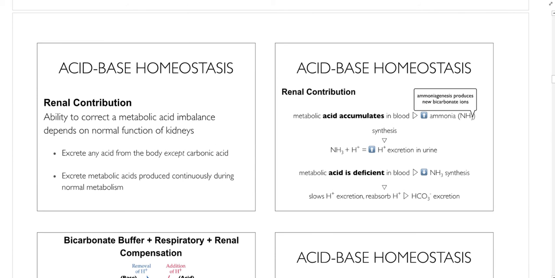So, renal contribution. Something else to make specific as well: the lungs work very, very quickly. They can adjust within moments of any imbalance occurring. The kidneys can contribute, but their contribution can take days to actually reach the point of making any profound impact on the imbalance.